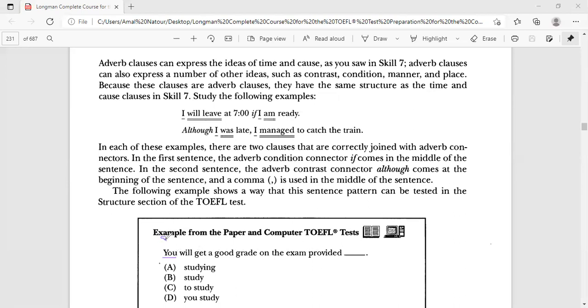Let's analyze this sentence and see if something is missing. You is the subject, will get is the verb, and provided is the conditional adverb connector. Then after the connector, I need a subject and a verb. Then I go to the multiple choice and see which one of these has a subject and a verb.